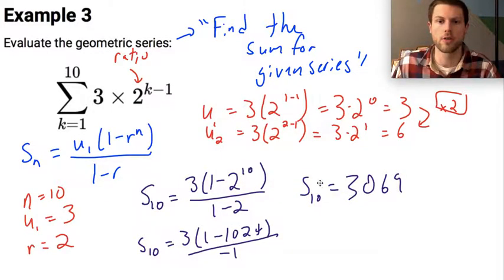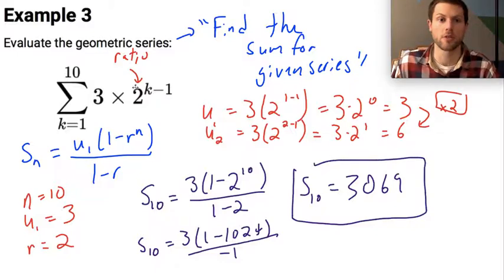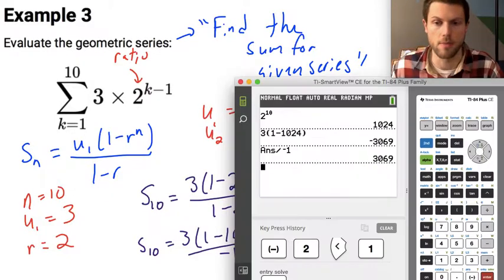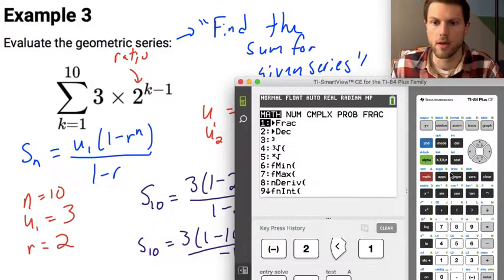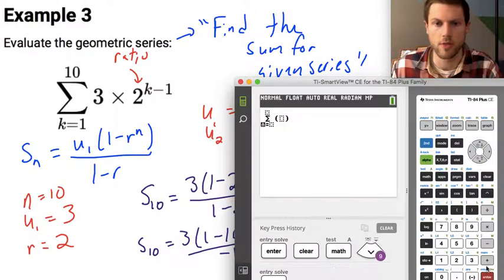3069. And you know what I might do at this point? It's not a bad idea to double check using the sigma notation in my calculator. So I'm going to clear this out. I'm going to grab my sum by going to math and looking for my summation.